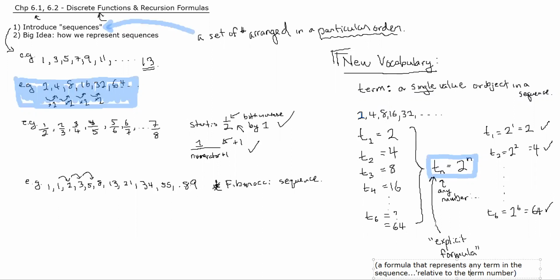If I want to know what is the 100th term, using this explicit formula, if I asked you in a test question, what's that? Well, you don't have to multiply by 2 every single time. You can plug it into the formula and tell me whatever that number is. Okay? So relative to the term number, whatever that term number is, you plug that number into the formula and you should be able to tell me what the value is. Okay?